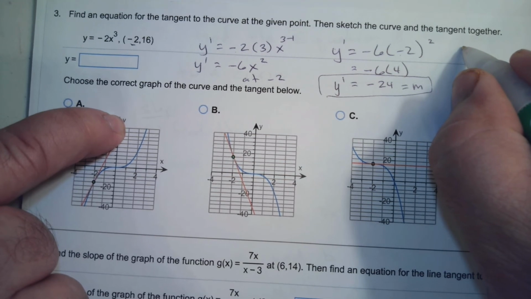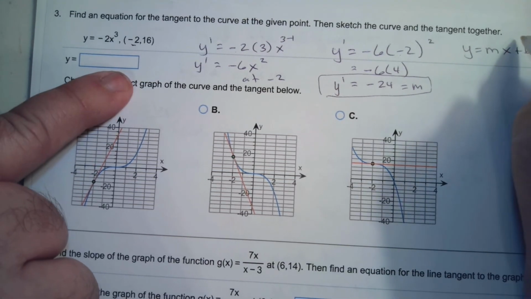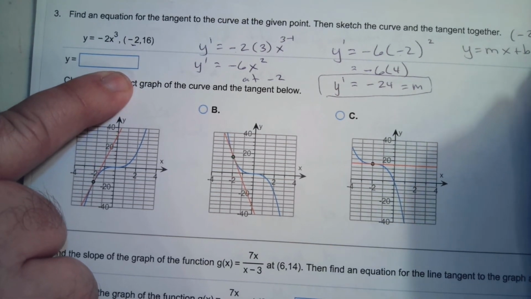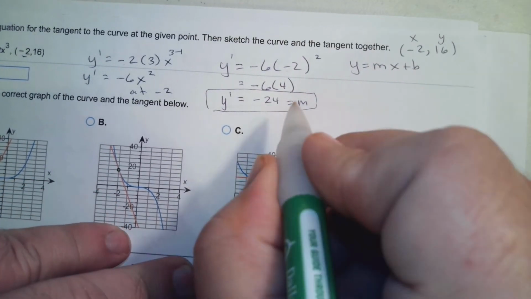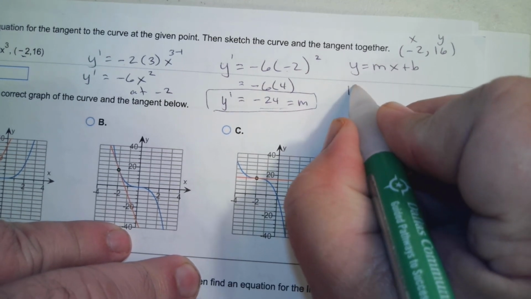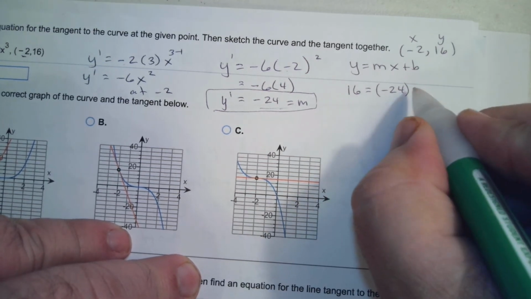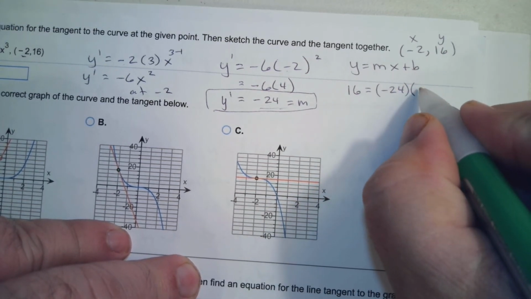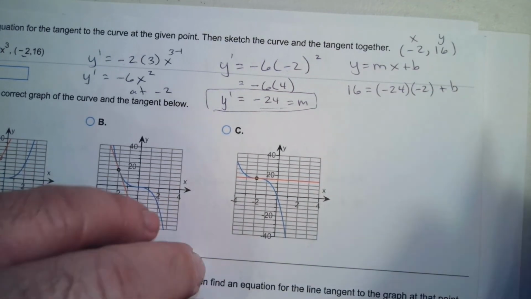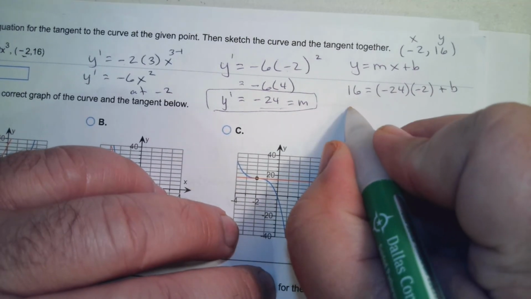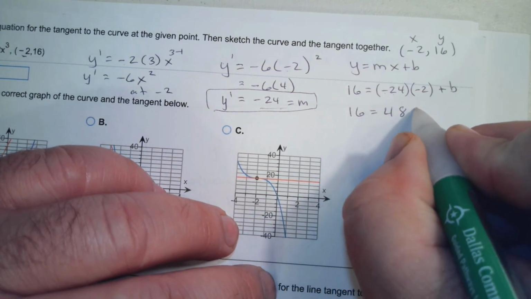I plug that in. Remember, my point I'm dealing with is -2, 16. This is x, this is y, this is m. So 16 equals -24 times -2 plus b. We're solving for b. So 16, negative times negative is positive, so it's 48 plus b.